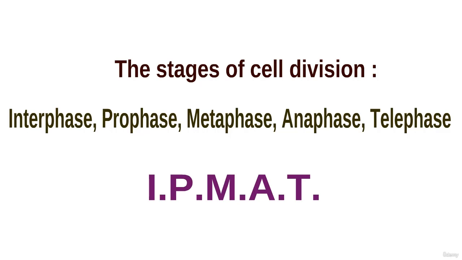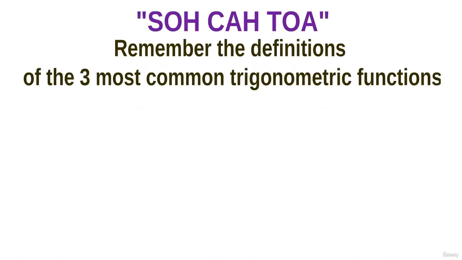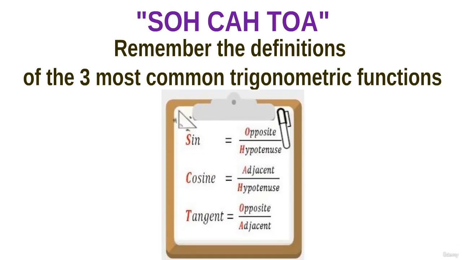Notice that in this example, you cannot form a real word using the first letter of each fact to be remembered, but the acronym IPMAT can be easily pronounced and memorized. Here's another acronym. SOHCAHTOA is a mnemonic device that is used in mathematics to remember the definitions of the 3 most common trigonometric functions.